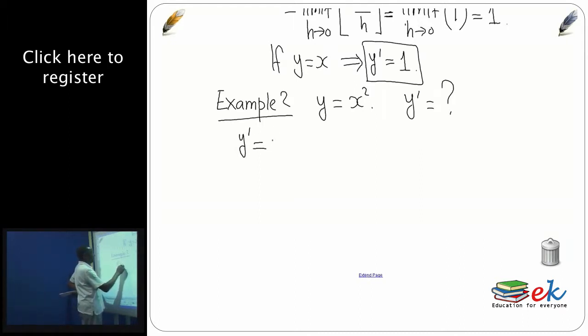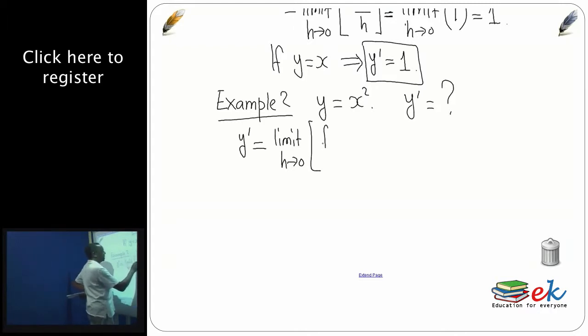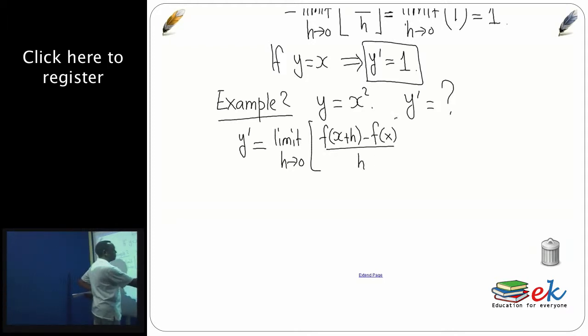y dashed is defined as the limit as h approaches 0 of the function f of x plus h minus f of x, divided by h.